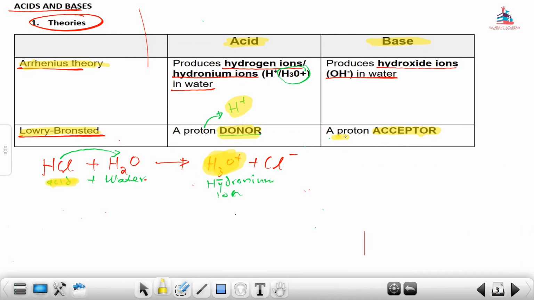Because if we just say to you, define an acid, we are not saying anything. The theories govern which definition or which law we want you to use. So if I want you to answer in terms of Lowry-Bronsted, I will say define an acid according to the Lowry-Bronsted theory. Then you know exactly that we are looking for the movement of protons, a proton donor and a proton acceptor, as the keywords.